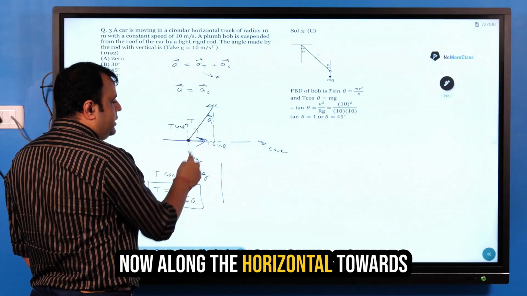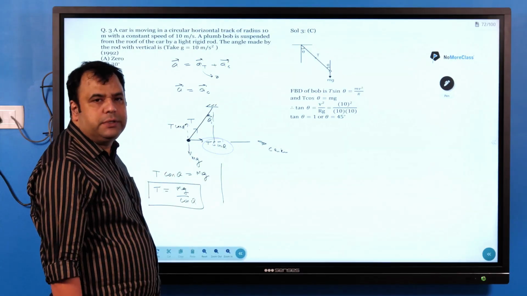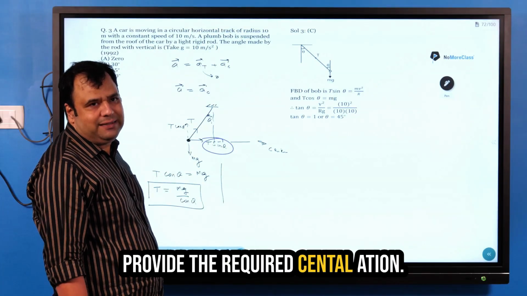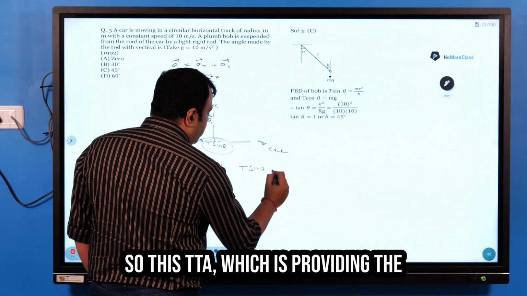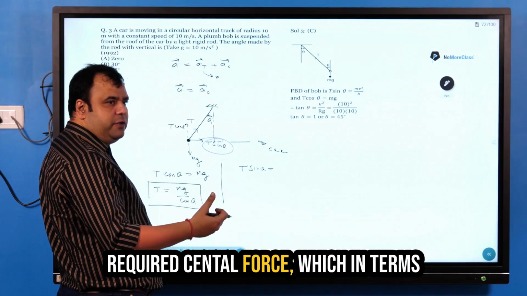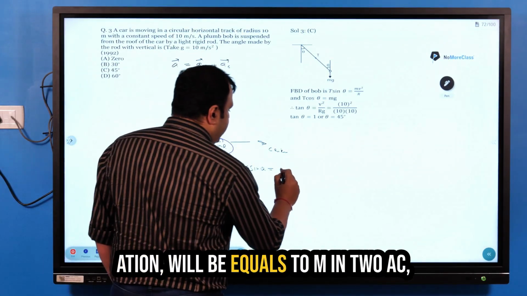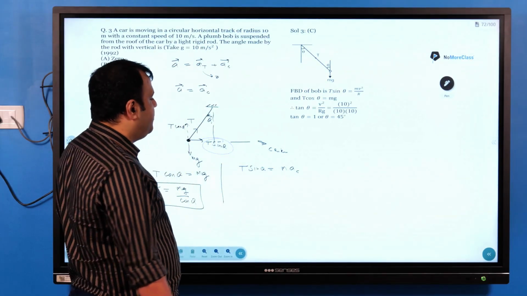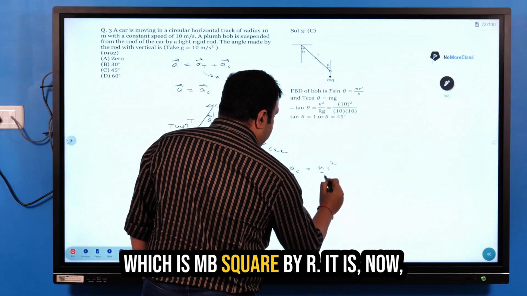Now, along the horizontal towards the center, the force is T sin theta. And this is the force which will provide the required centripetal force, which in turn will provide the required centripetal acceleration, so it will be equal to m into AC, which is v square by r.